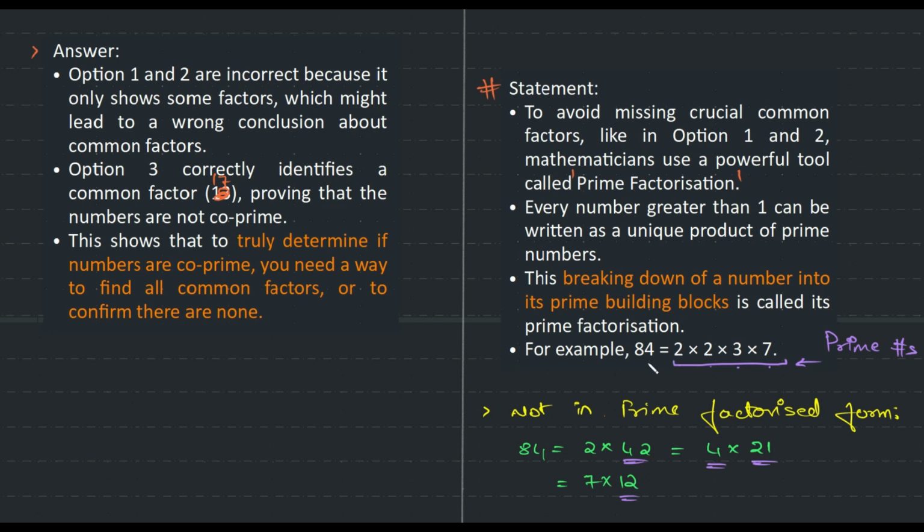So whenever you have a given number, if you write it as a product of prime numbers, we say we have prime factorized it. It's as simple as that.